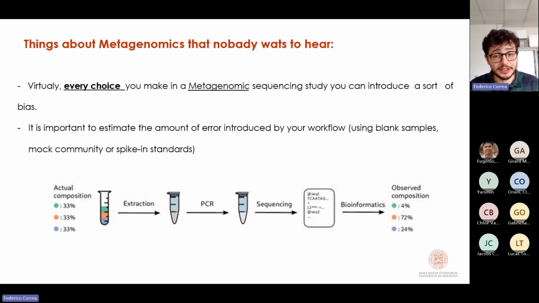Another thing that we can do is to introduce mock communities and spiking standards. So they do similar things, but at the end of the day, they allow us to estimate the error that we have. So with mock communities, we have a community of bacteria of known composition.